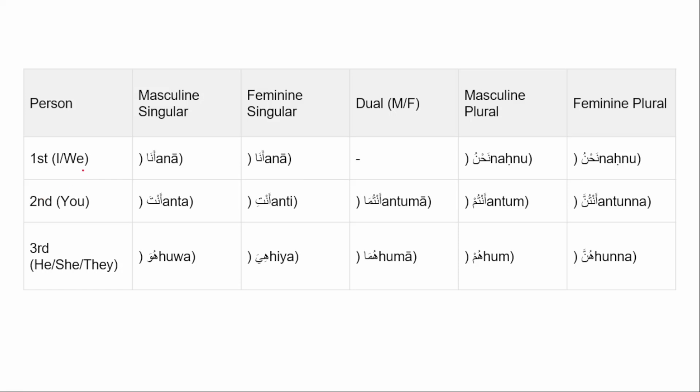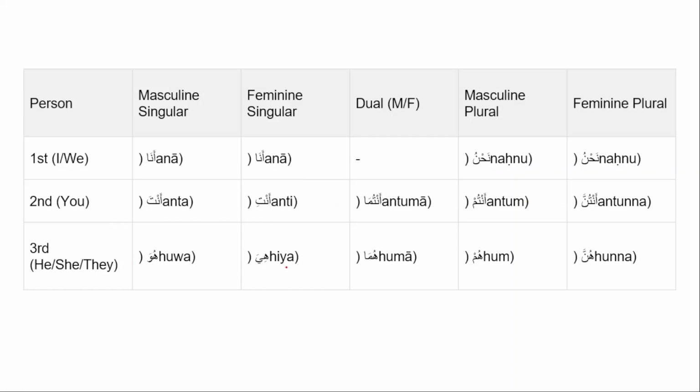First person is about me, myself, or the group we are in. So we have I and we. I is ana, and the same for feminine, also ana. There is no dual here, because we are not talking about two people. We is nahnu. Then second person is anta, anti, antuma, antum, antunna.